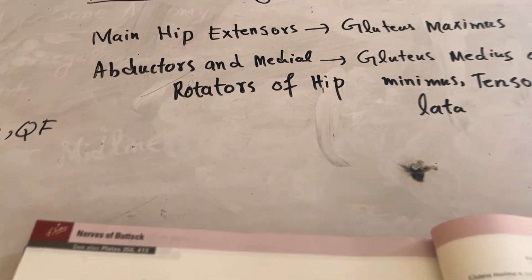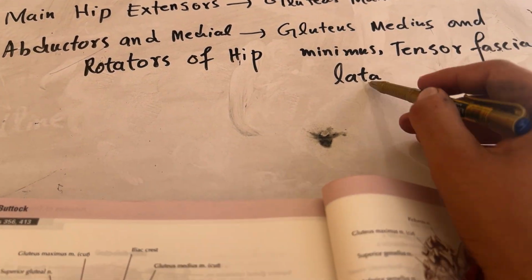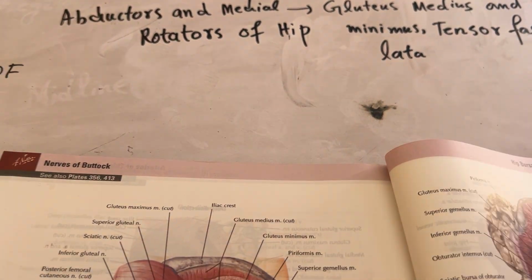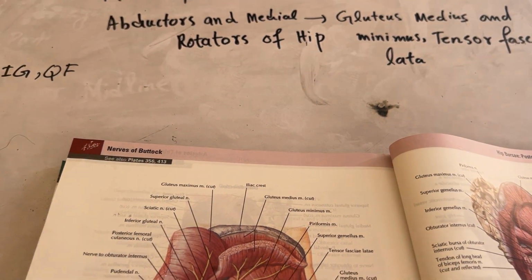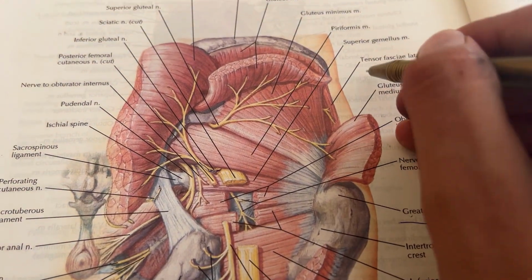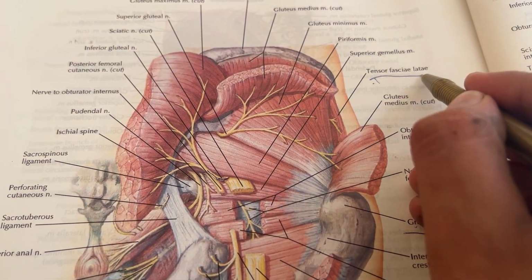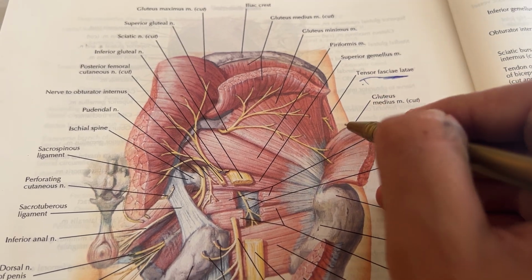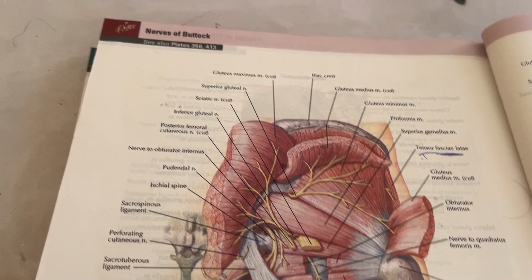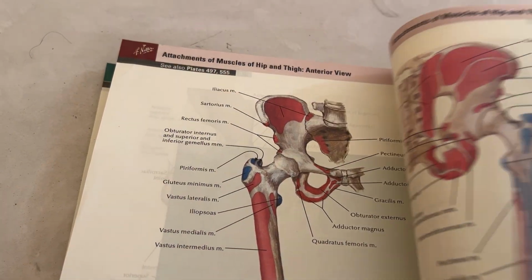Along with these muscles, the tensor fascia lata is also a hip abductor and medial rotator. In this diagram, this is the tensor fascia lata. It attaches to the iliotibial tract.